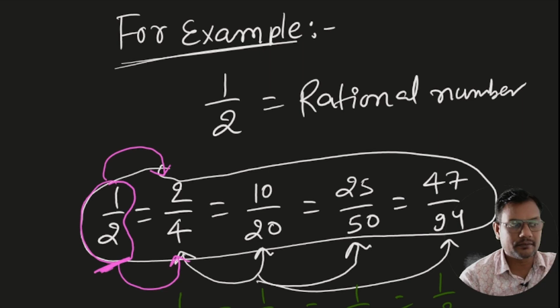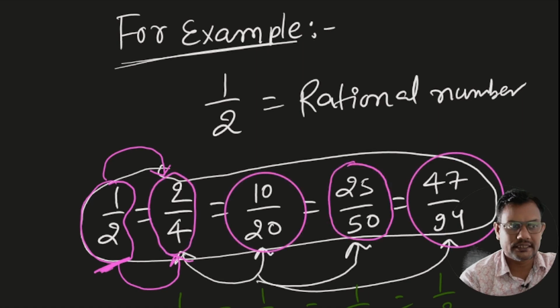We can also write 1 by 2 in the form of 10 by 20, also as 25 upon 50, also as 47 by 94, right?